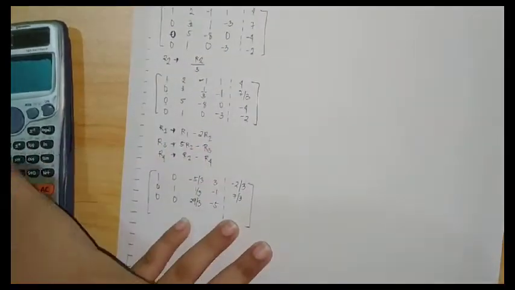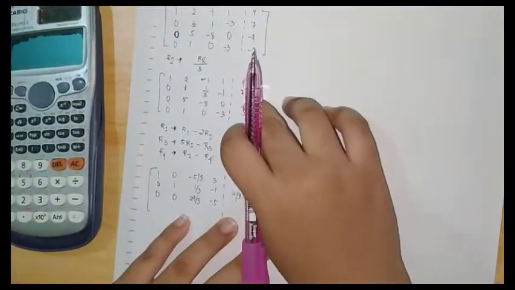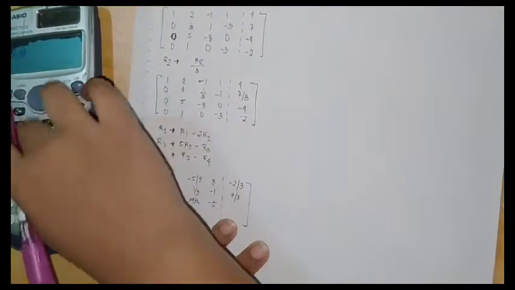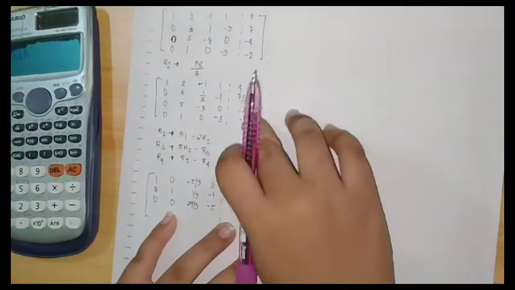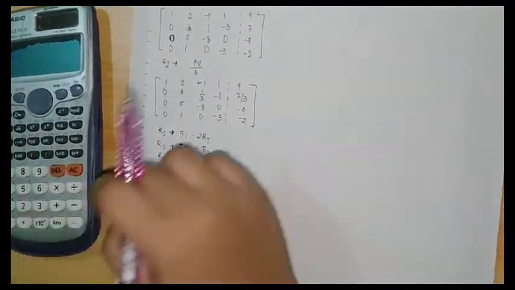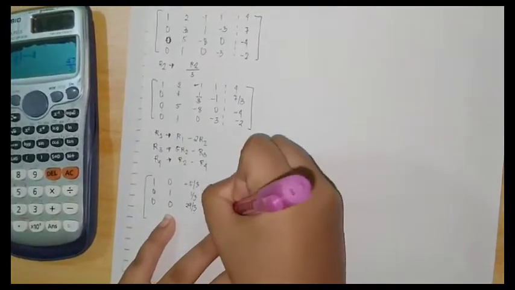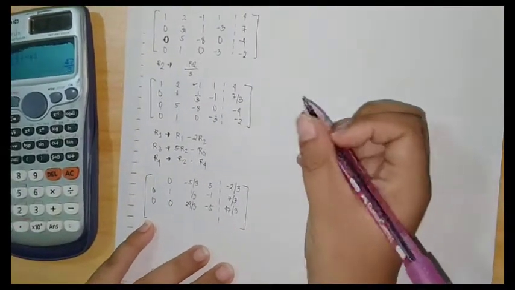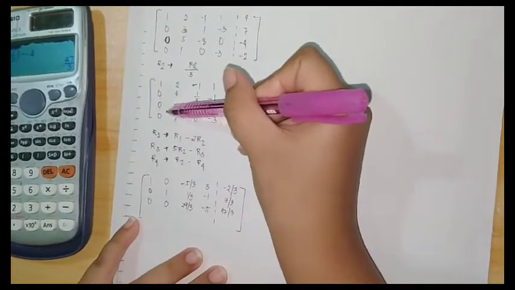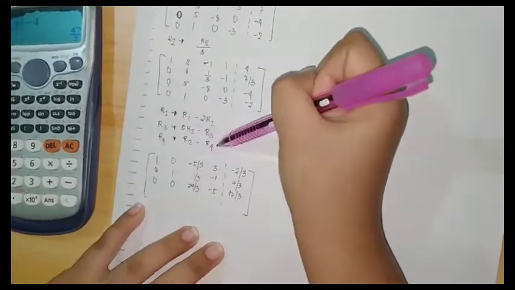Next, 5 times 7/3 minus negative 4. We have 47/3.